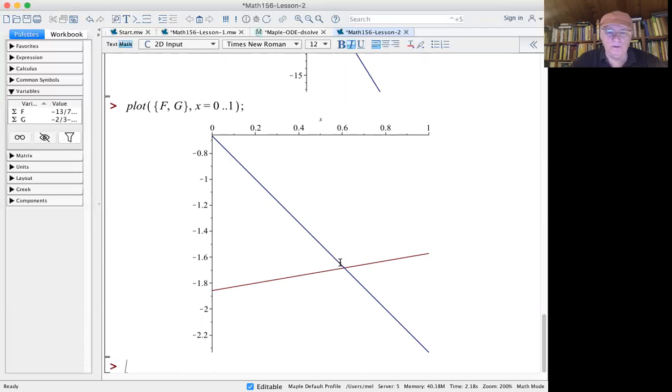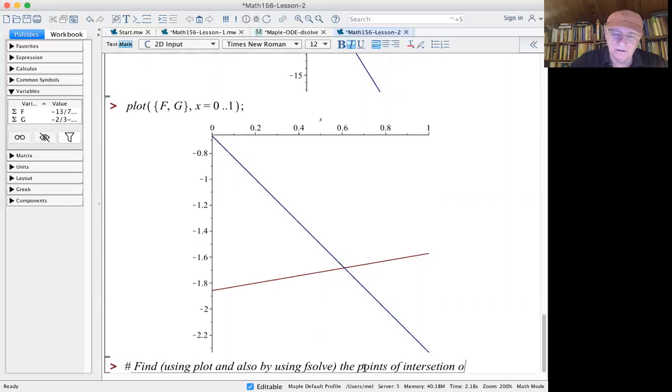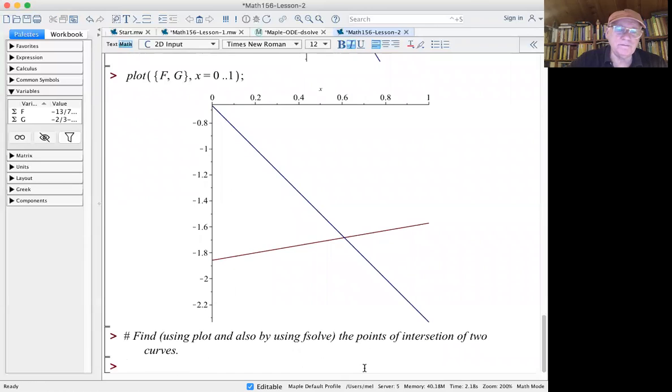So find, using plot and also by using solve, or more often we use fsolve, the points of intersection of two curves.